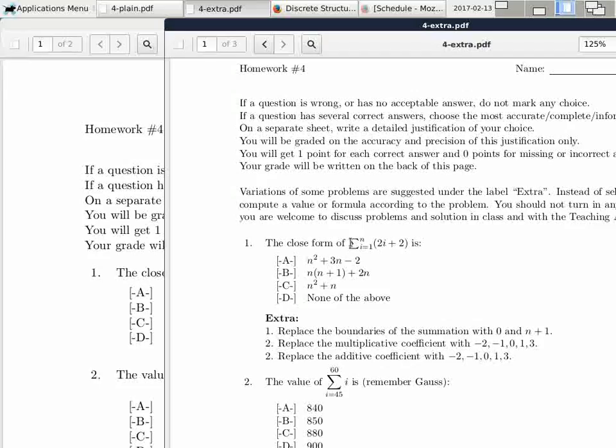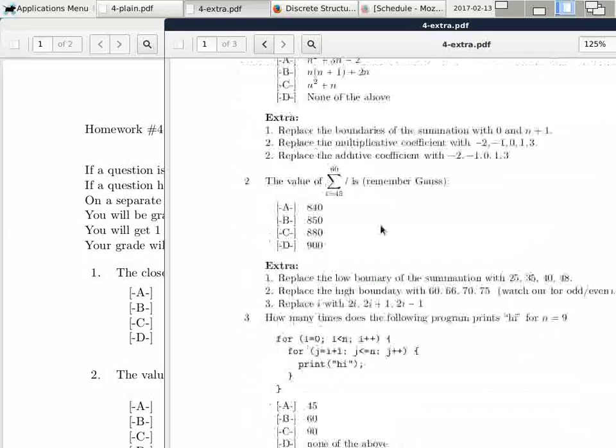All right. The next one is the same. We learned the Gauss technique or proof to add this one, right? And so here I say go from 45 to 60. And instead of 45, you can try 35 or 25 or 40 or 22 or whichever number.